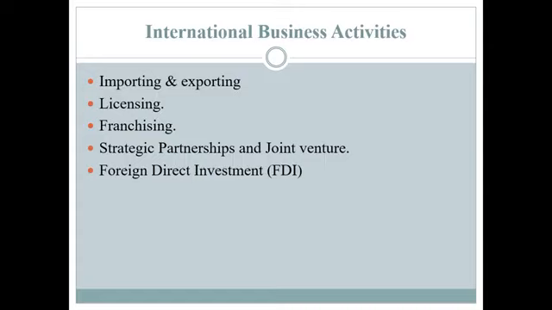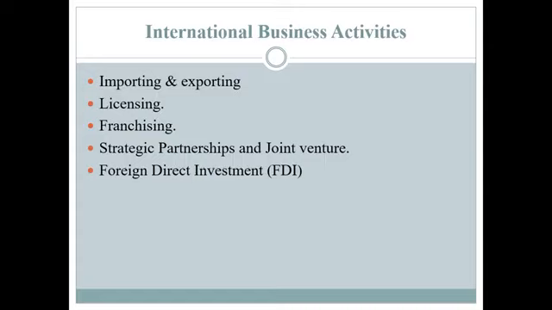Okay, they use their brand name. Some of the franchisers also provide ingredients, but they don't reveal the secrets. Some of the secrets are not revealed.